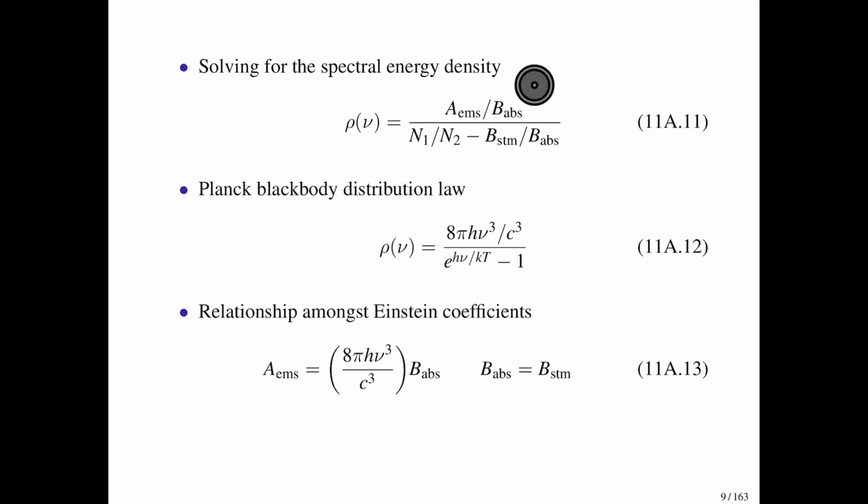And while we're at it, then we'll identify the numerator here, this ratio, with what's in the numerator here. Okay, and that gives us these relationships. So what we found is that the absorption rate constant equals the stimulated emission rate constant, and that the relationship between the spontaneous emission and the absorption rate constant is given by this expression here.